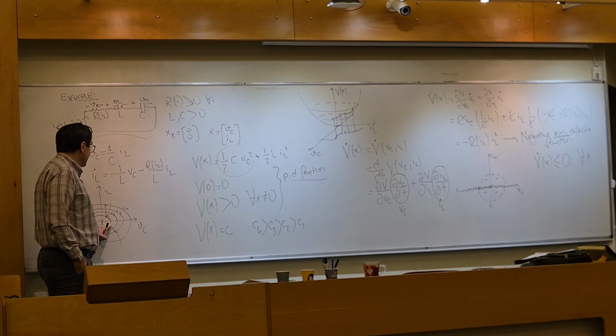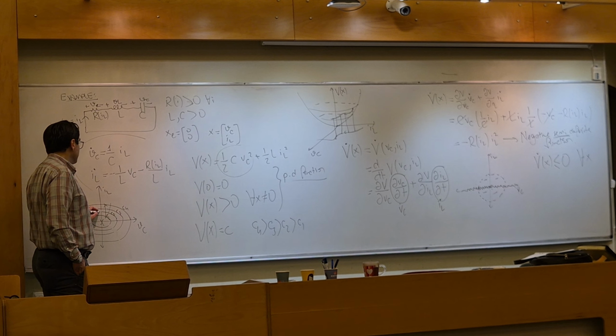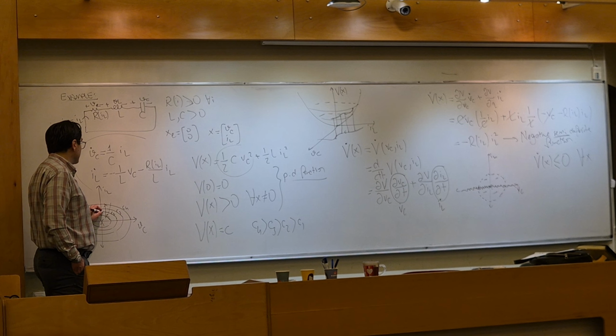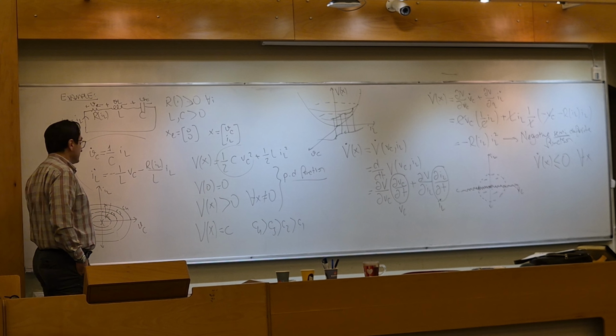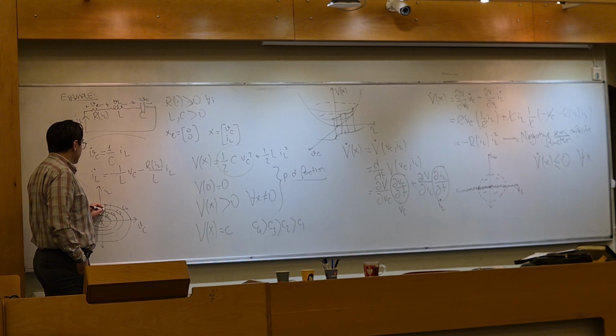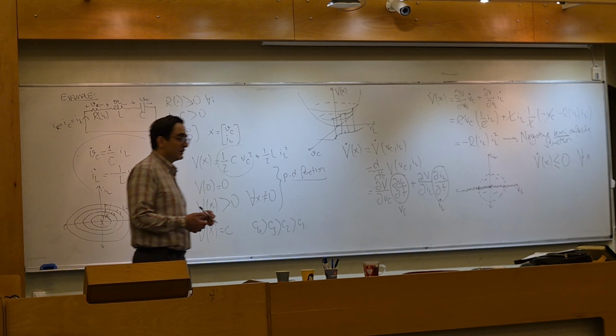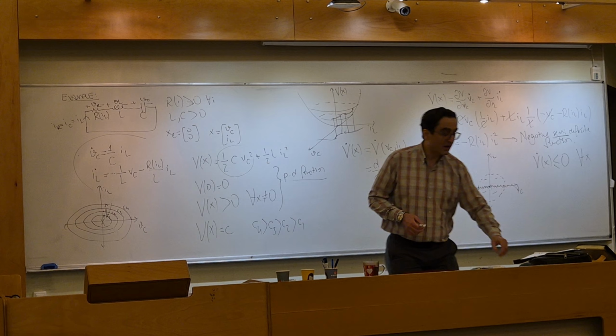That means such a trajectory of the system is not really possible. When I start a trajectory, it would either remain on these level curves, which is the V dot equal to zero case, or try to move inside.